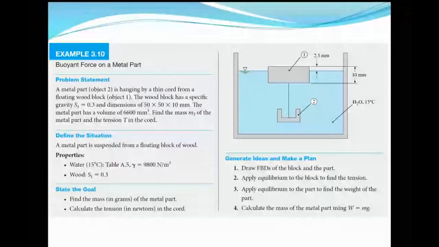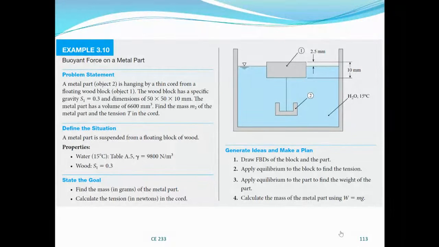So now let's take this simple example to demonstrate application of the buoyant force on a metal part. Here you have a metal part as the second object, which is hanging by a thin cord from a floating wood block, object one, which is floating on the surface of the water.